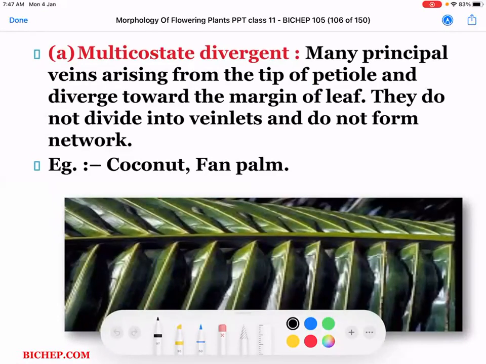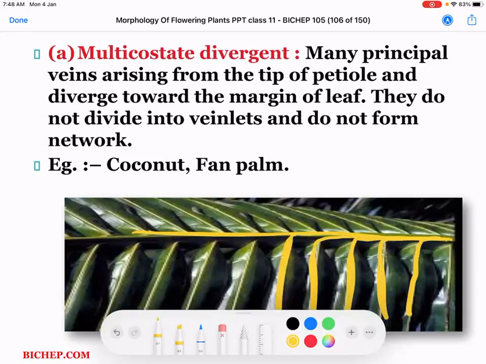If you see, there are many principal veins rising from the tip of the petiole and diverging toward the margin of the leaf. For example, this is the leaf midrib, but these are merged midribs. So here, here, here, here, here.